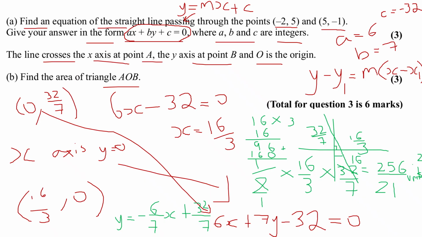Of course, I can write this as a mixed number, but I'm not going to bother. I'm going to leave it as that. That would obviously suffice in the exam, unless stated otherwise. My answer will be 256 over 21, or 256 21ths. And that's the area of my triangle AOB.